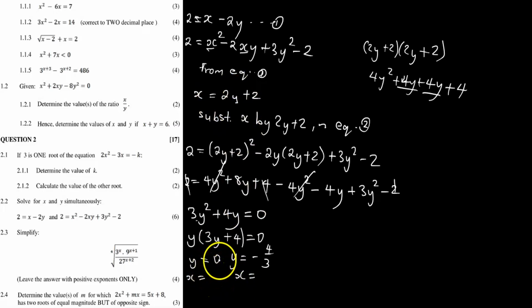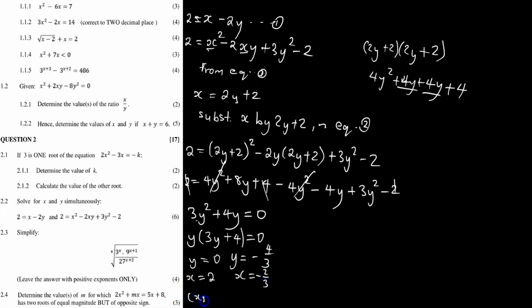So 2 into 0 plus 2 gives us 2. And for this one, it's 2 into negative 4 over 3, and then plus 2, and then it gives us negative 2 over 3.